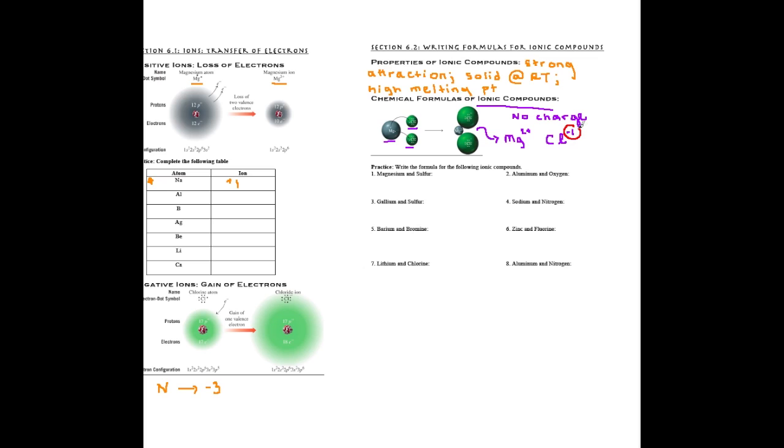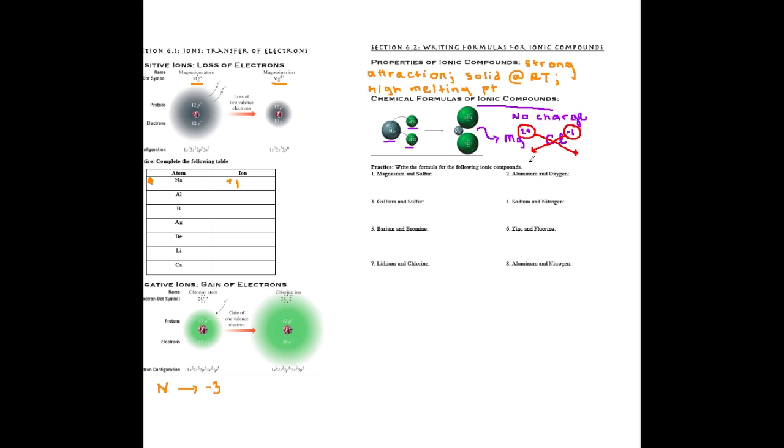So this -1 is going to become the subscript for magnesium. Okay, so that will be a 1. I don't include the negative charges, it's just the number that you put. So the 1 will go right here, and the 2 will become the subscript for Cl. I am crossing my charges.